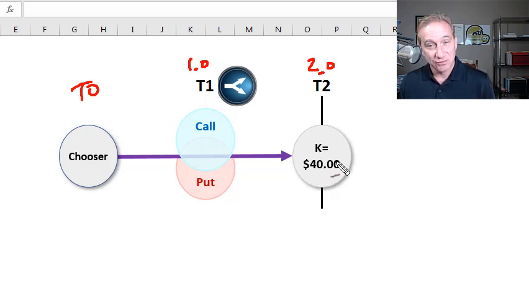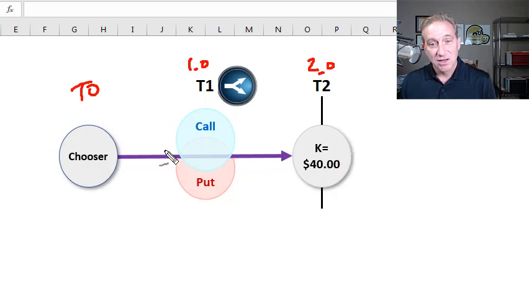In my case, the strike price is going to be $40. So in that respect, it's similar to a vanilla option. We purchase the option, 2 years later, or at T2, we exercise if there's intrinsic value relative to a fixed strike price and only a single strike price. The advanced variations can have more than one strike price, but here in the basic version, a single fixed strike price.